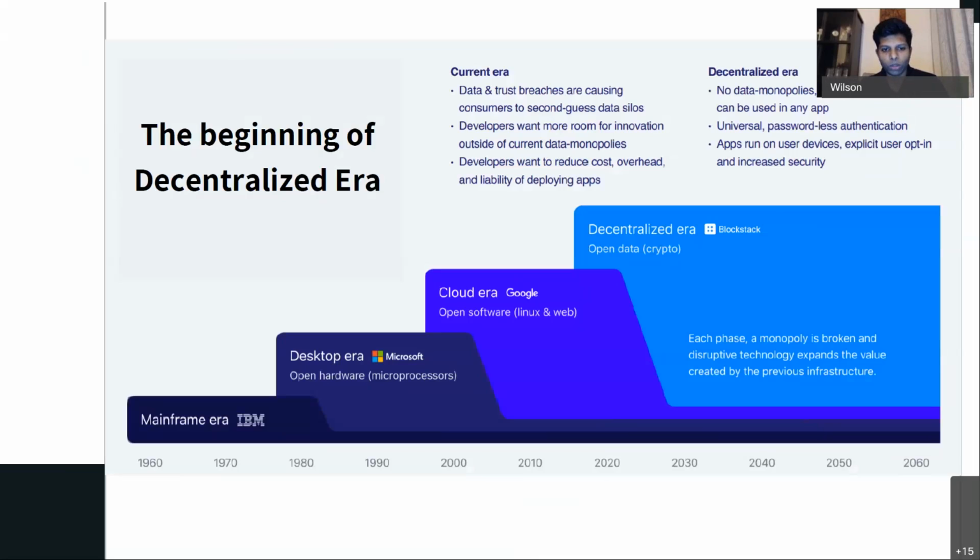And then we moved into the desktop era, which is primarily personal computing. All the computing happens in your own space, and the sheer experience of just computing in your own space is interesting, and a lot of automation took place with the computing systems.